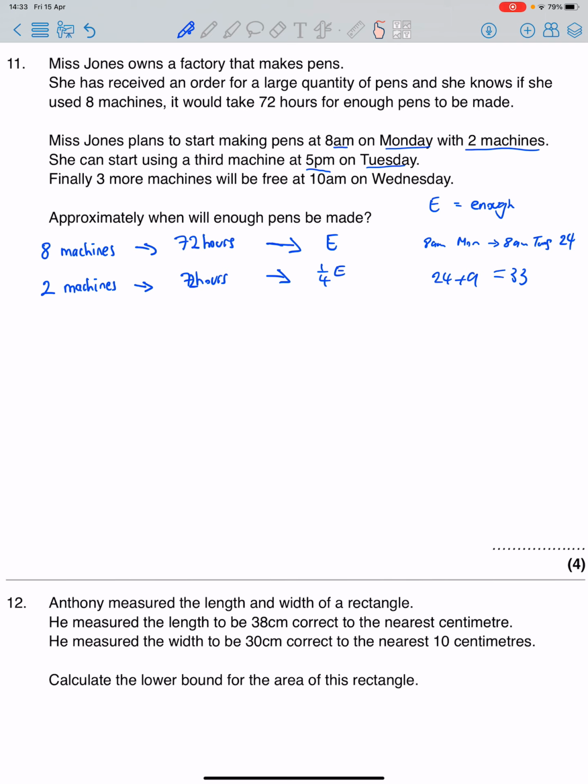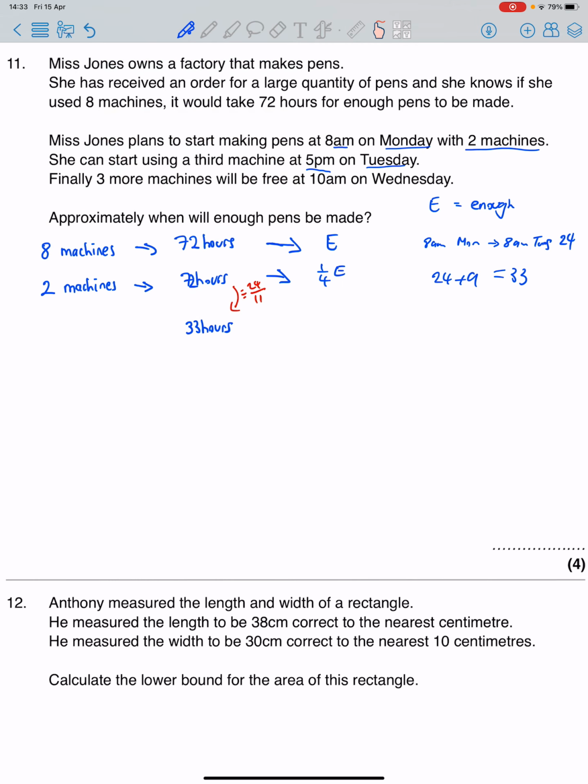Because this is calculator paper, I'm going to go straight into this. To get from 72 to 33 hours, what have we done there? Well, we have divided by something. 72 divided by 33 is 24 over 11. I'm going to keep it as a fraction. Why do we do that?